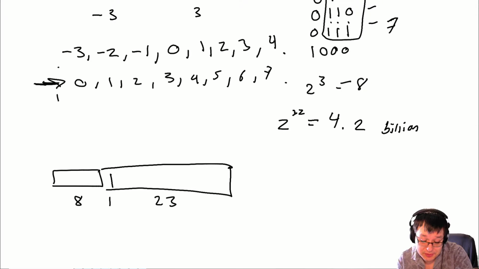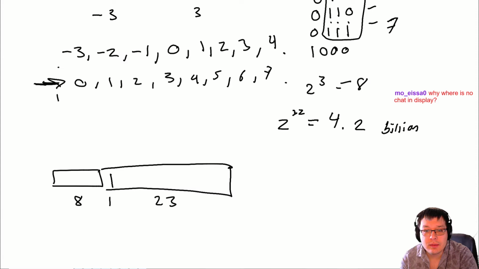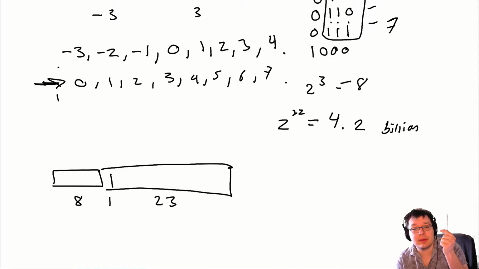Was that after 32? 24. No, yes. Yeah, that adds up to 32. Okay. Why, where is no chat in display? What? What do you mean? There is chat in display. You see the chat there.